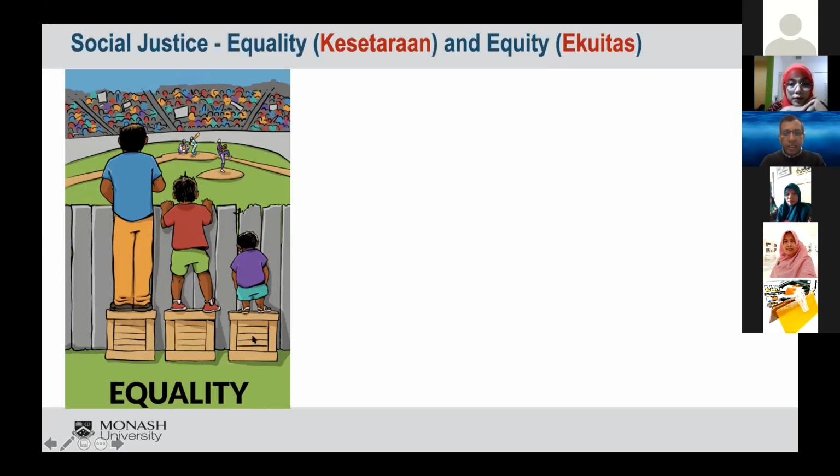The only person who is benefiting is the person in the middle, and because of height advantage, the tall person here doesn't need to stand on a box. So if you treat everyone equally, equal input results in unequal output. And this is what we do in the classroom. We treat everyone equally, and some people don't benefit from it at all. So this is equality, problematic.